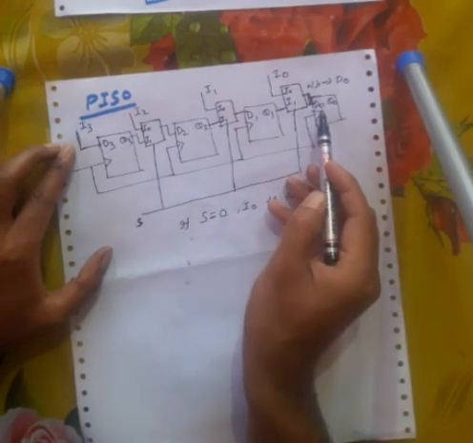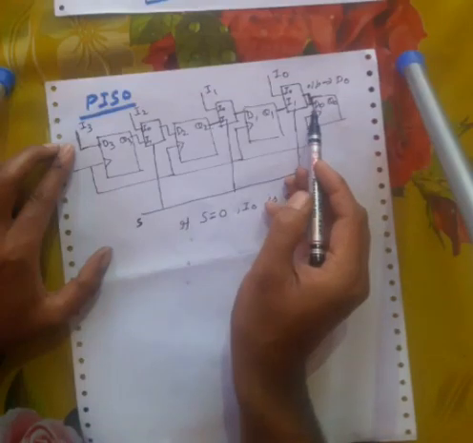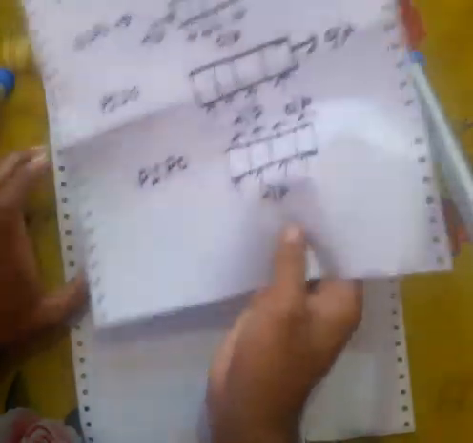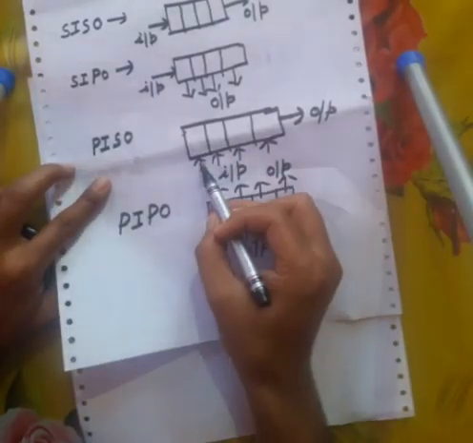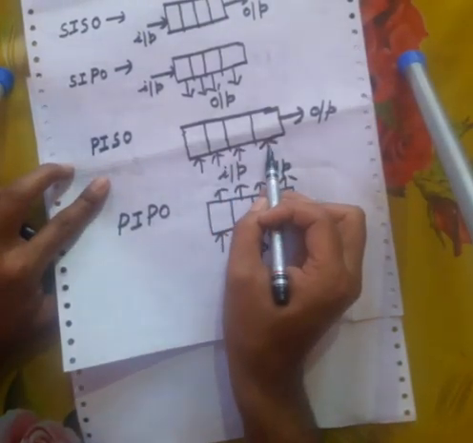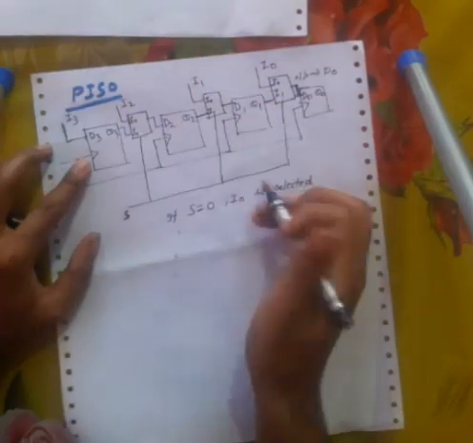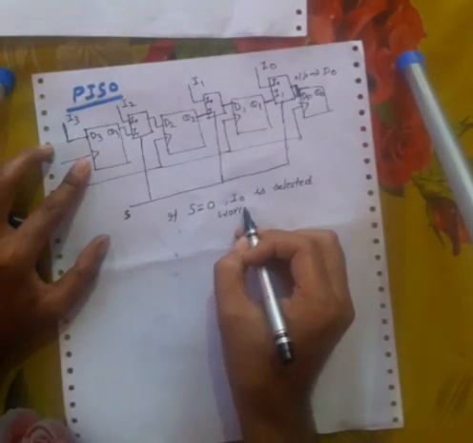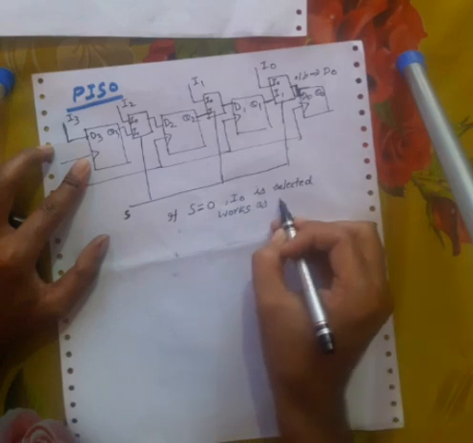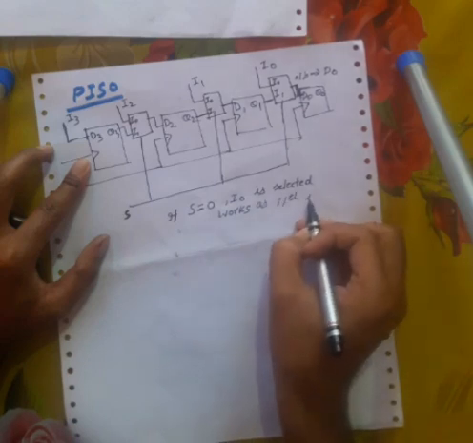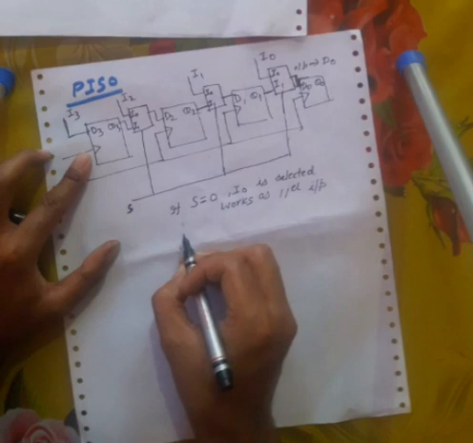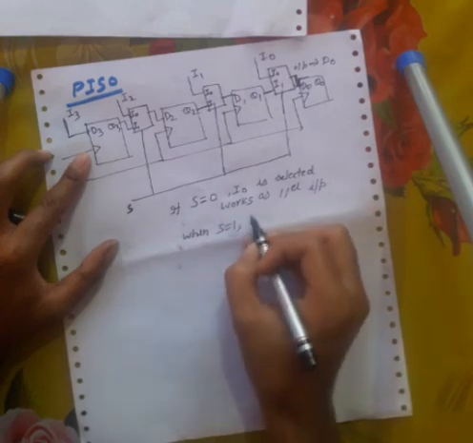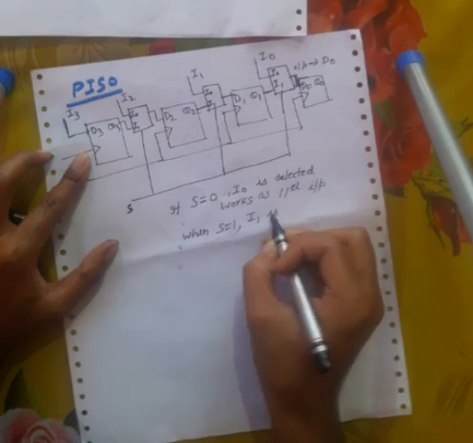I0 is directly connected to D0. It is just like your parallel input circuit, so it works as parallel input.